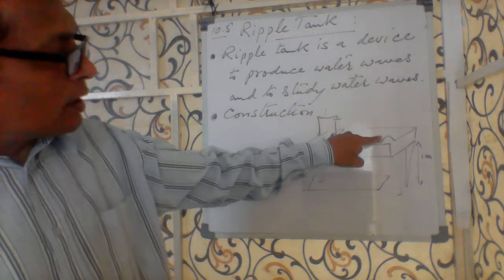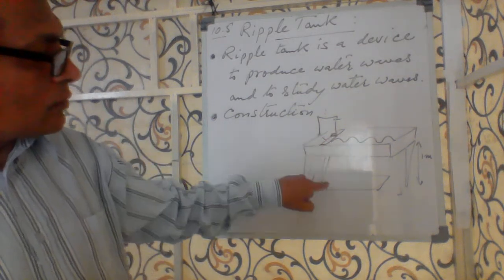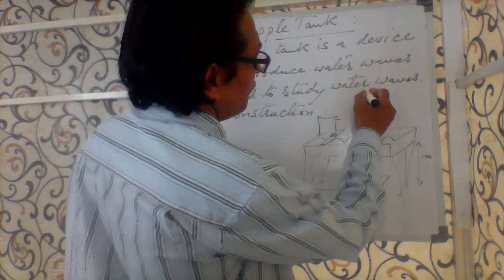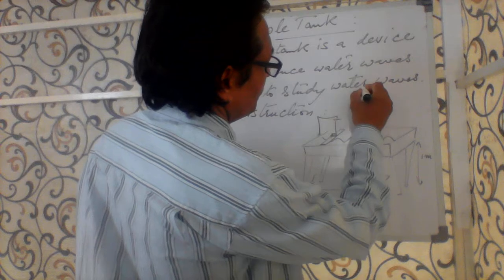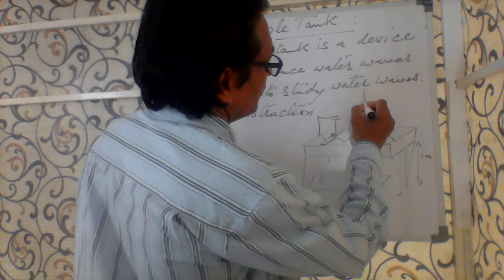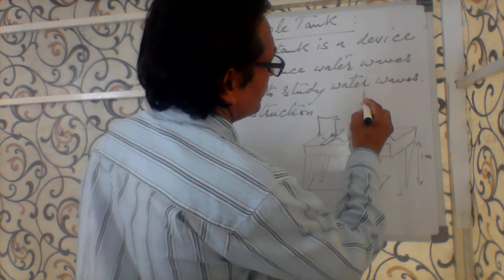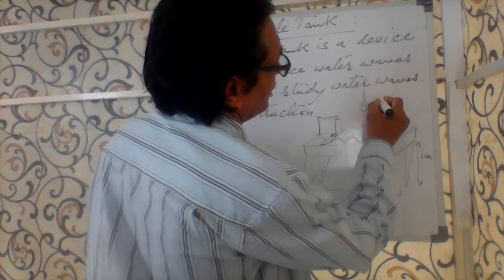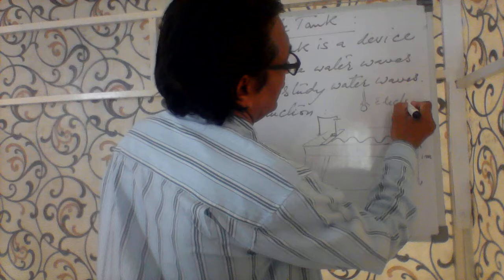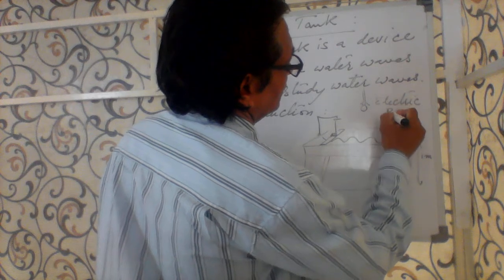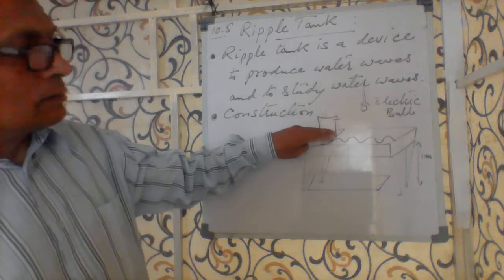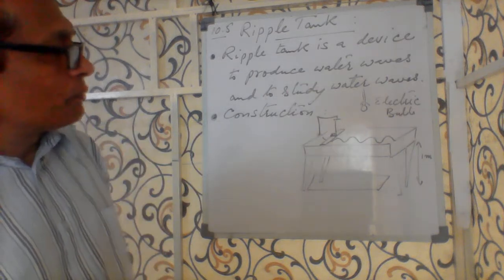To get the image of these waves on this white screen, we have an electric bulb over this glass tray.